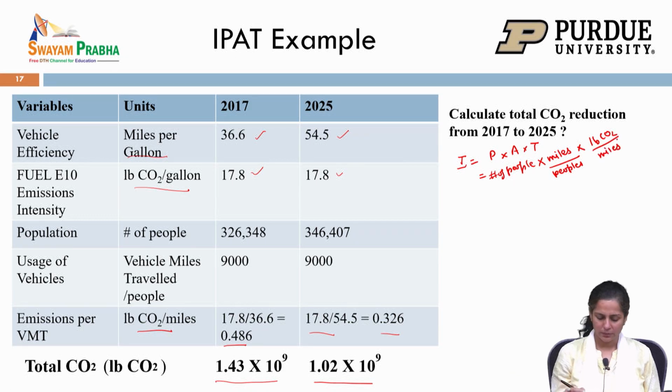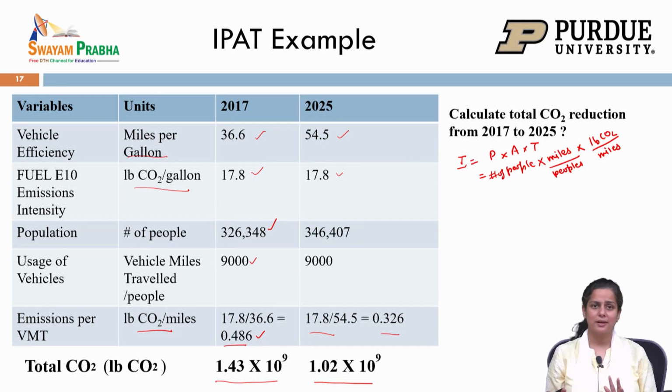When you multiply this LbCO2 per mile by the usage of vehicle, which is the miles per person, and the number of people driving, that gives you the total LbCO2. You can use this equation and match the numbers: 1.43 into 10 to the power 9 and 1.02 into 10 to the power 9.